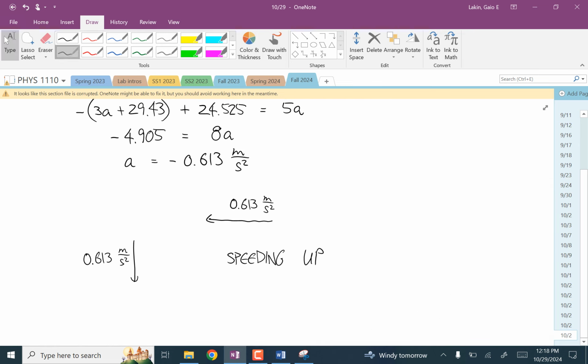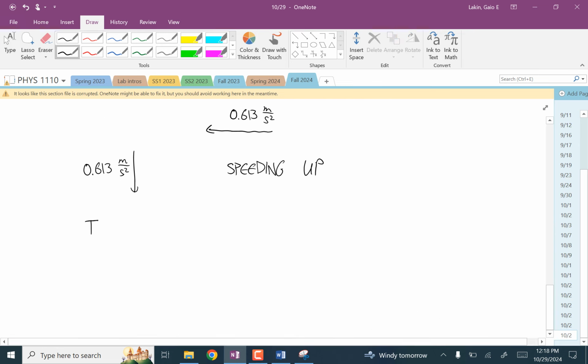So we have T is equal to 3 times negative 0.613 plus 29.43. And so T is 27.59 newtons.